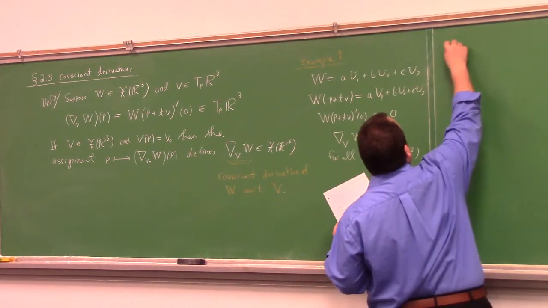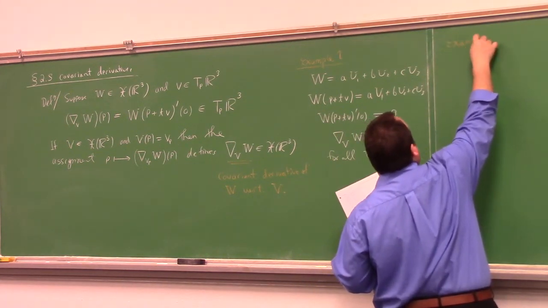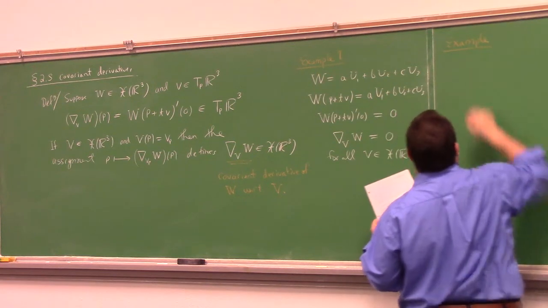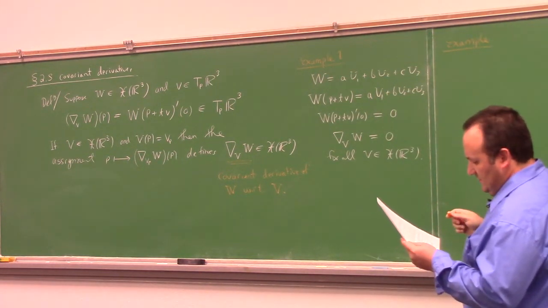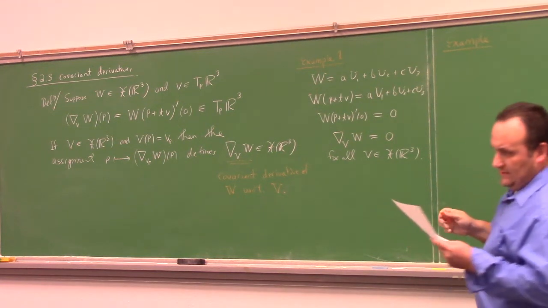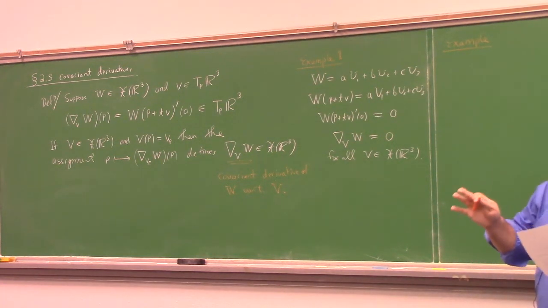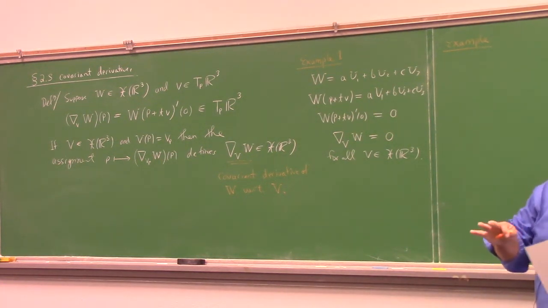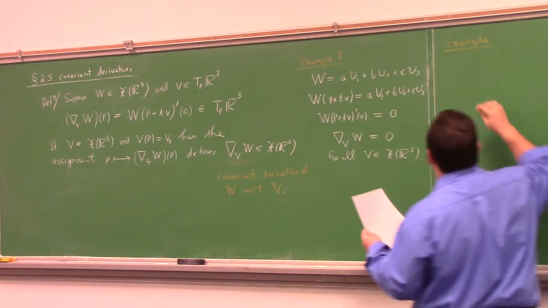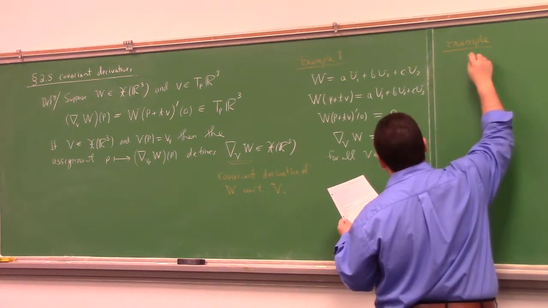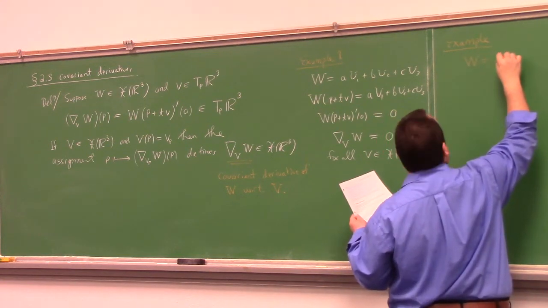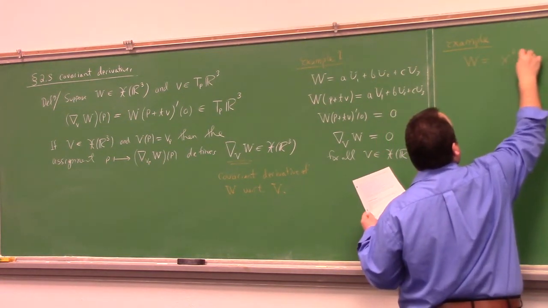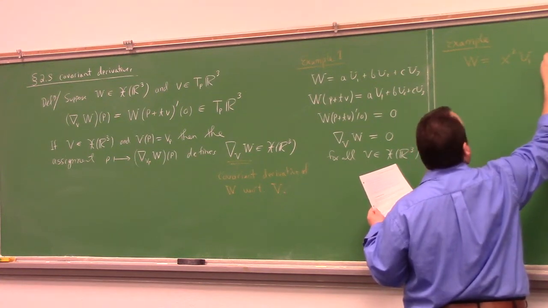The covariant derivative, I mean, I think we need some more examples of what the covariant derivative is to answer that question. Example 2, and I'm not sure this example is really going to do it, but let's do this example just to gain a little bit more calculational footing for what the covariant derivative is. This one, I've got W equal to x squared u1 plus y u3.